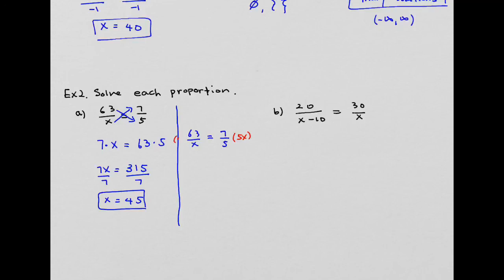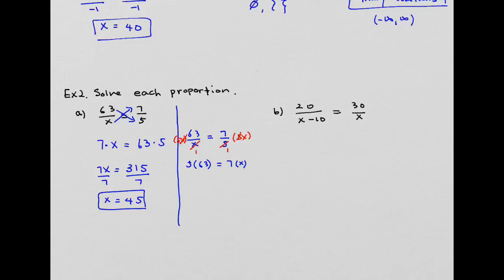So that way this will cancel out. There will be no more denominator. And this will give you 5 times 63 and 7 times x, which is going to be the same thing as this method, right? So either way, you should end up getting the same answer.